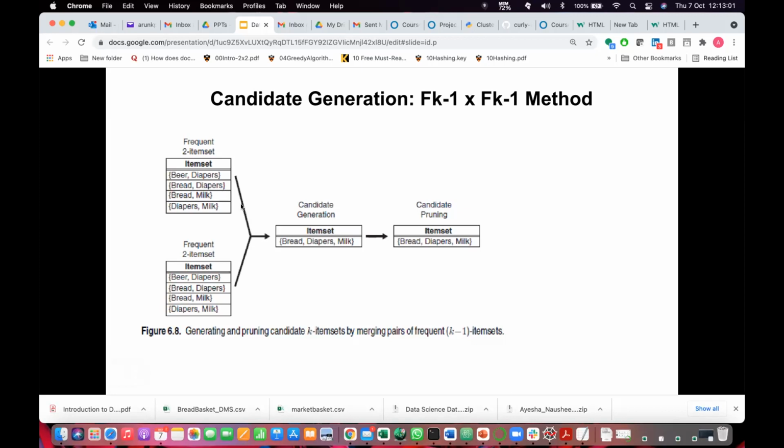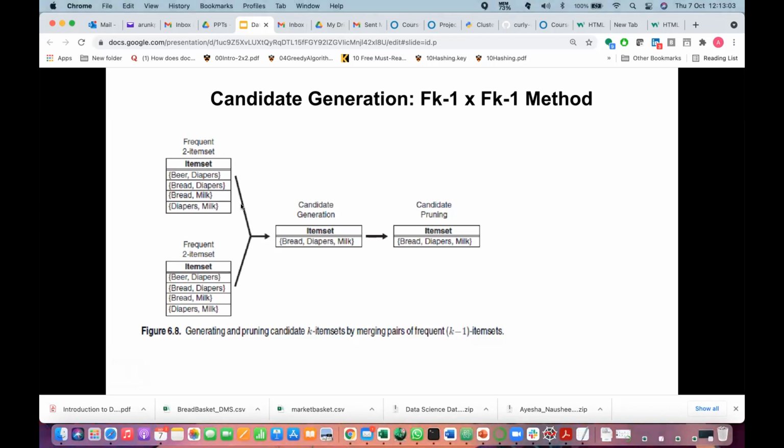Then we will generate Fk by adding the elements at the last position if they differ. If they are the same, then you will get the same item sets, that's why you won't add. So bread is the same in the second row for the first transaction and the third row in the second transaction data set. So we are getting bread, diapers, and milk.